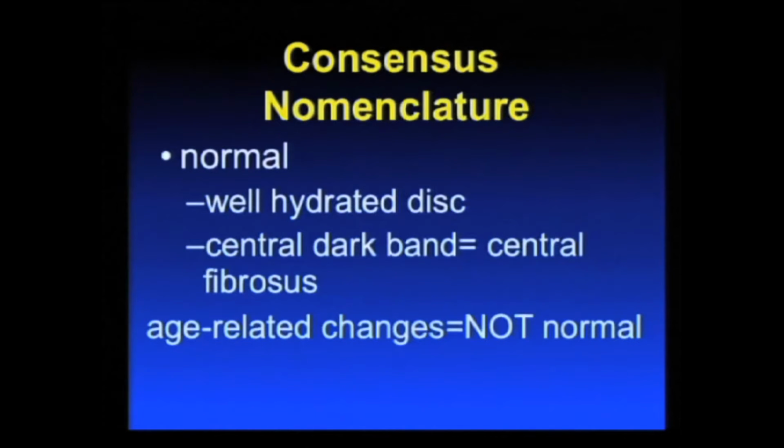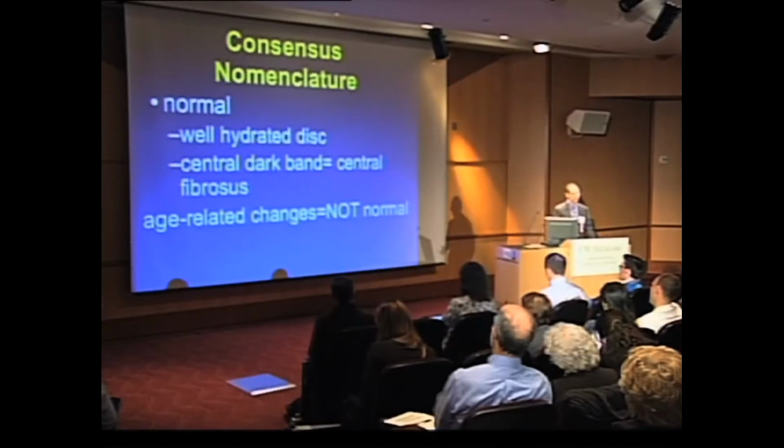So you get signal loss on the T2 weighted images because of this higher protein content. Note that age-related changes in this nomenclature are not normal, so we're expected to describe them. That doesn't necessarily mean that age-related changes are related to pain. It's simply that they're distinguished from a normal-appearing disc.